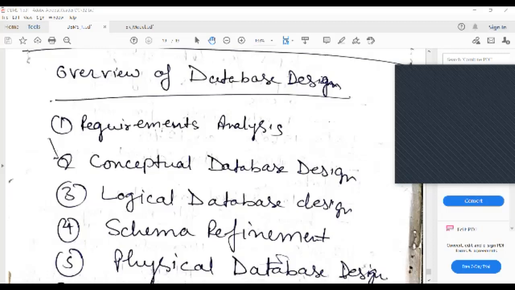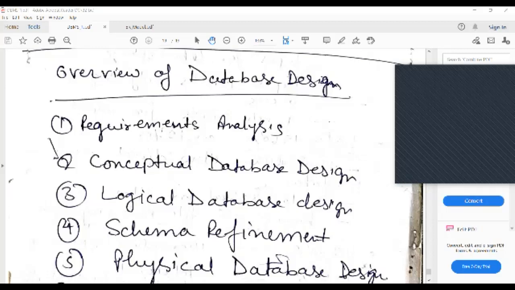Or you can easily understand it this way: suppose you are going to build any kind of project, so what do you do first? You do the requirement analysis, that what are the various requirements of this project. Okay, and then after doing this analysis, you frame what you need to do to design your database.